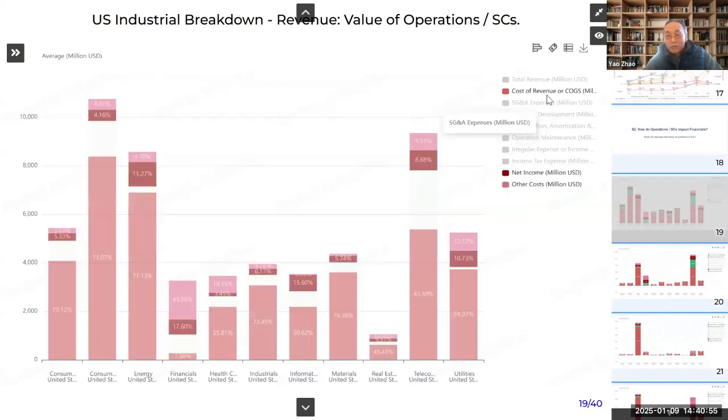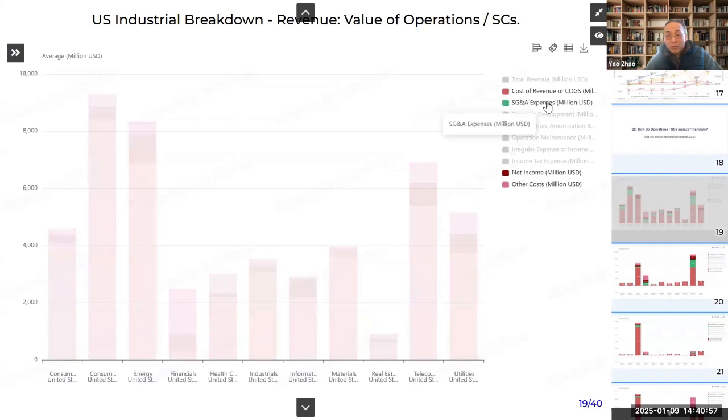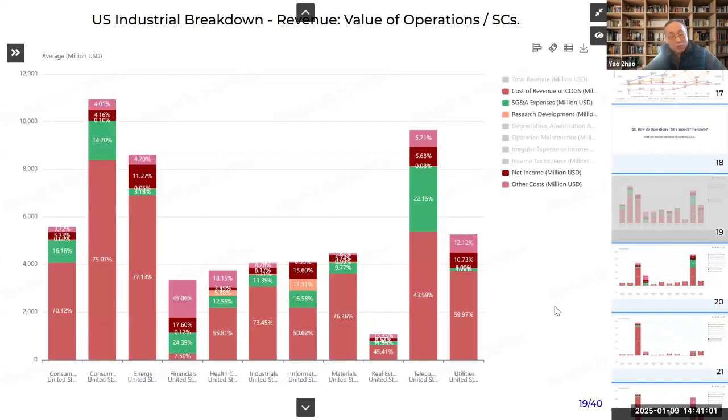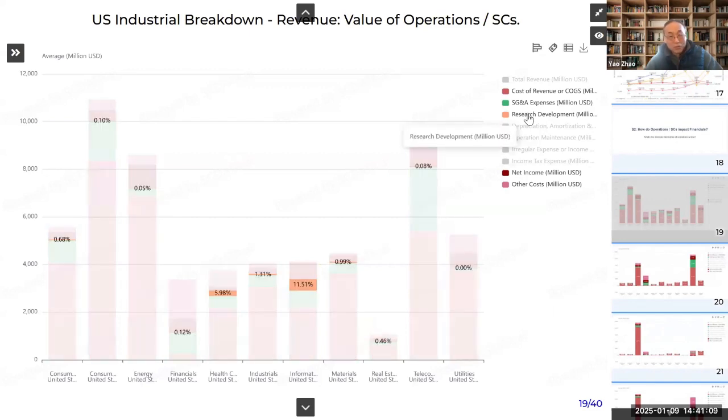Now just for your interest, if you look at R&D, now we see US firms do a lot of R&D. It turns out R&D is only sizable or recognizable in two industry sectors, which is healthcare plus information technology. Now, I'm not saying other industries do not do R&D. They just look at their spending on R&D as a percentage of revenue.